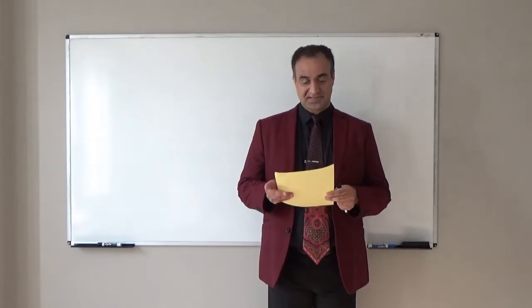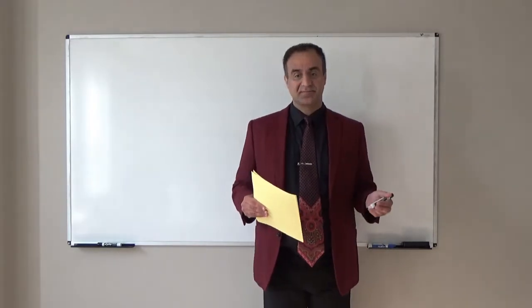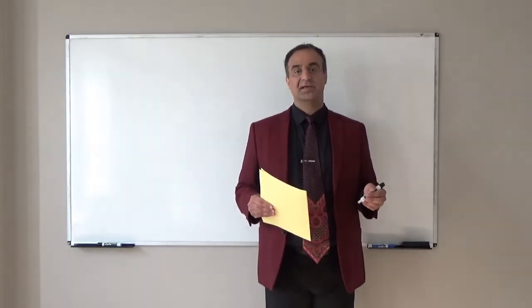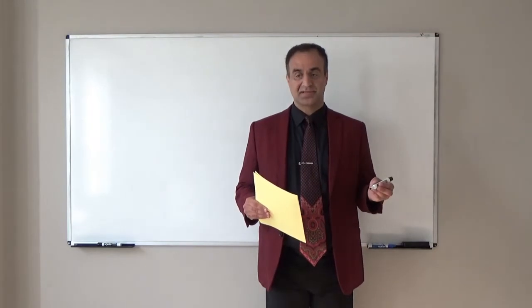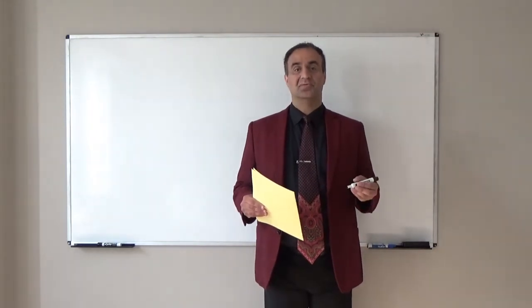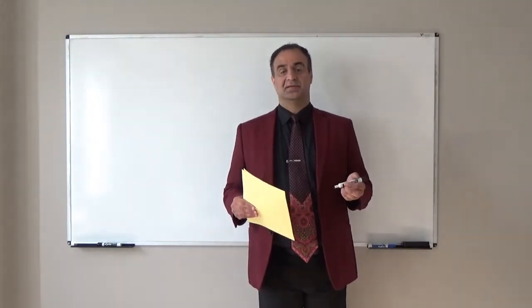Today I will talk about torsion of shafts with rectangular cross sections and torsion of shafts with thin walled cross sections. See what is the difference, and if we have a shaft with rectangular cross section, what we should do. Previously we looked at the shaft with circular cross section.